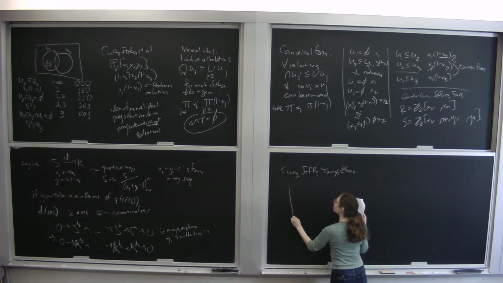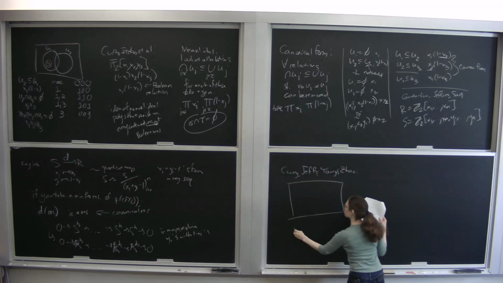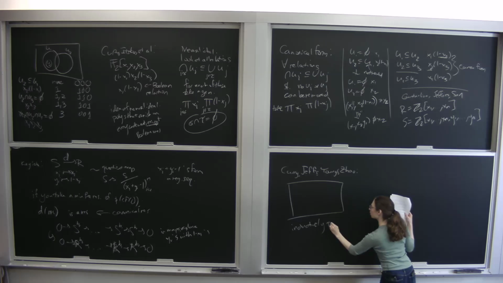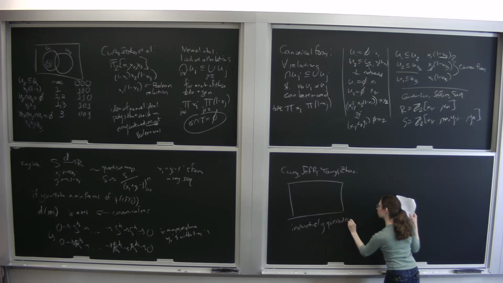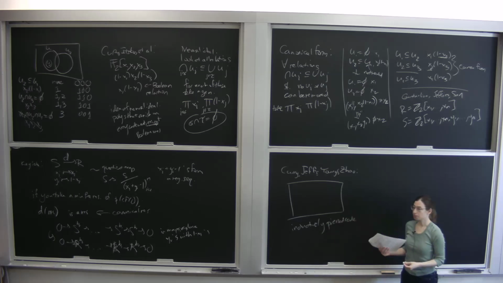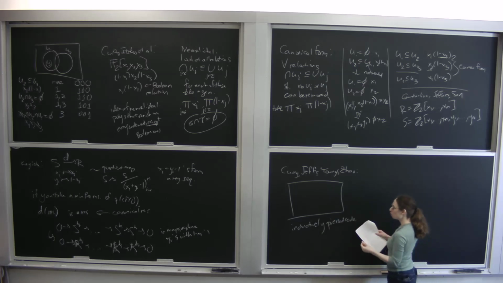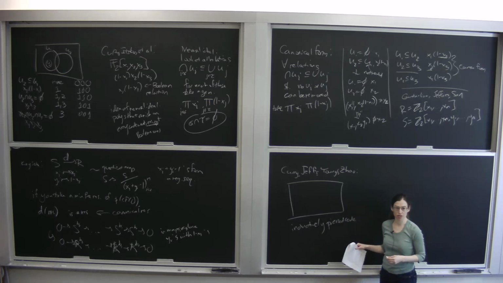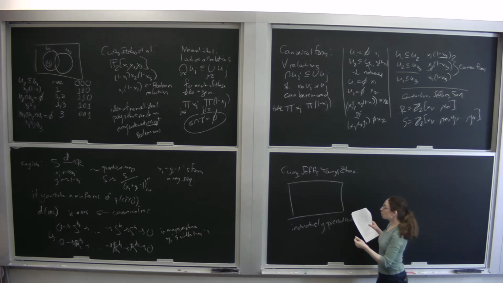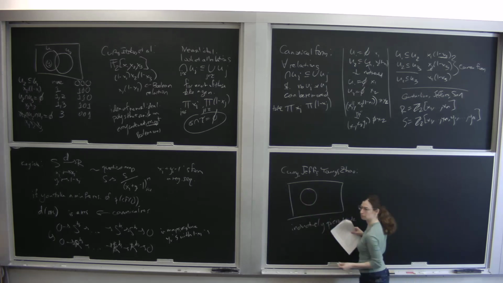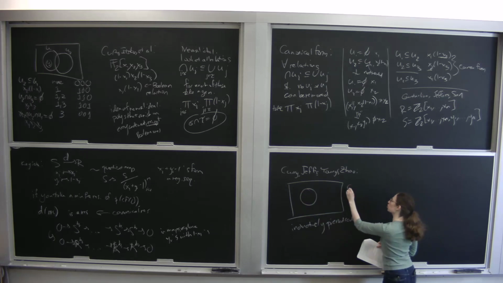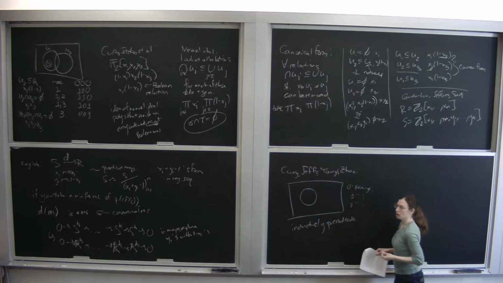So here's what an inductively pierced code looks like. This one is good because it's by picture. So here's a zero piercing. And if I'm going to track my number of zero piercings, okay, so I've got one zero piercing.